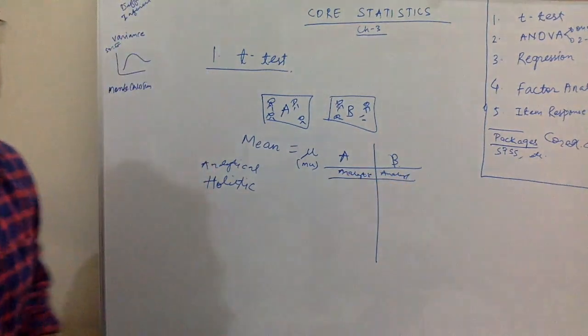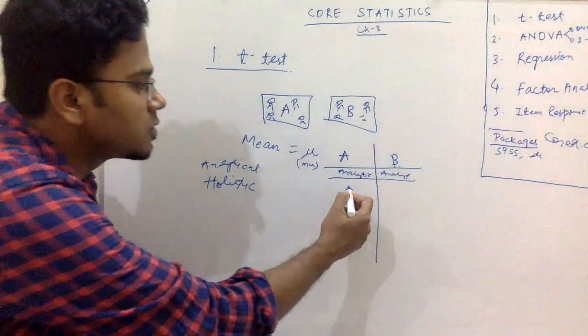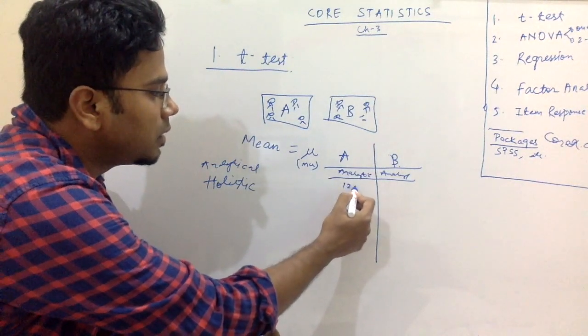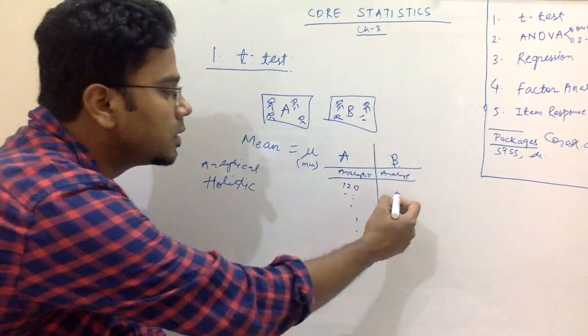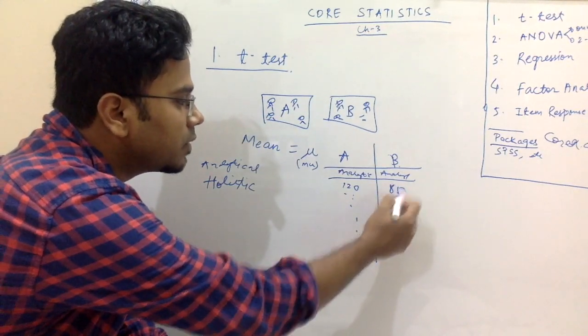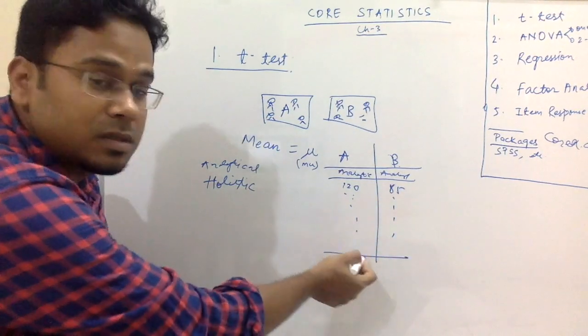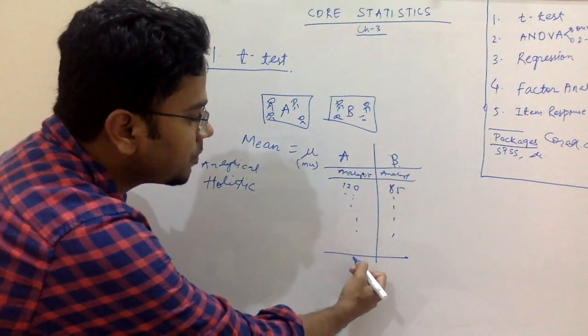Okay. Now you got the scores. Let's say 120. It started with 85. The mean of this you got as 100.